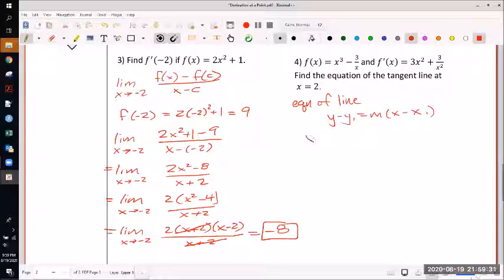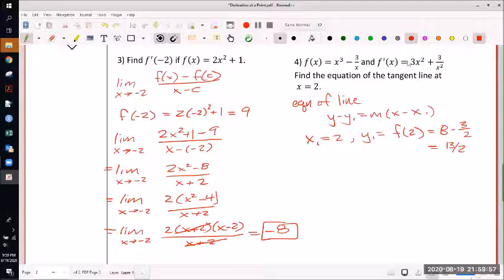Well, in this case, x1 will be 2 and y1 will be given by the function evaluated at 2. When I substitute in there 2 into the function, I get 8 minus 3/2, which is 16 over 2 minus 3 over 2 gives me 13 over 2. So my point is at 2 comma 13 over 2.